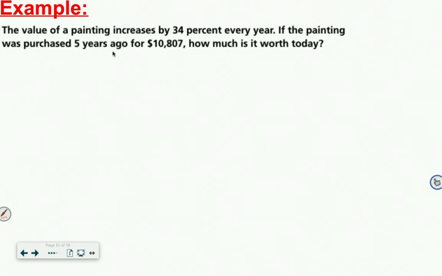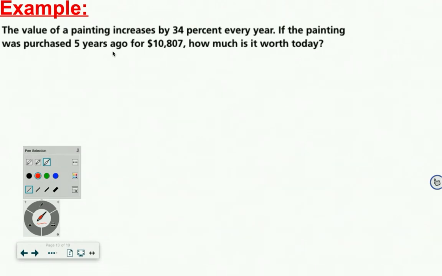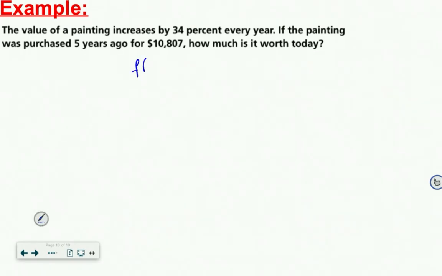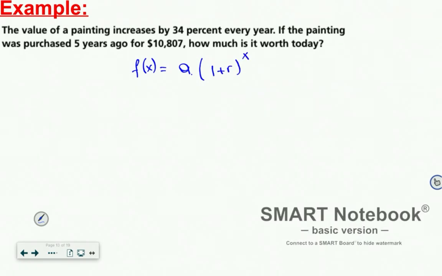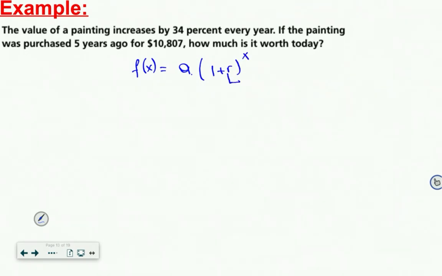Ladies and gentlemen, first of all, let me remind you of the exponential growth formula, which is f of x is equal to a times 1 plus r to the power x. Please be careful, r is the growth rate and 1 plus r is the growth factor.